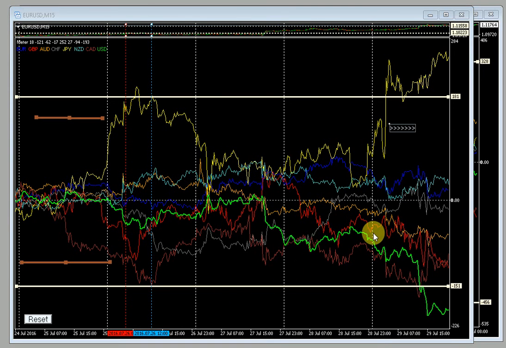Friday was interesting because what I tend to do is look for any overextended currency Wednesday, Thursday, and then try and play the retraces as traders come out of their positions on that particular trade. So let's say, for example, yen would have been at this kind of value here. I would have been looking for yen to start moving back in, becoming more bearish as traders came off of their positions for the weekend.